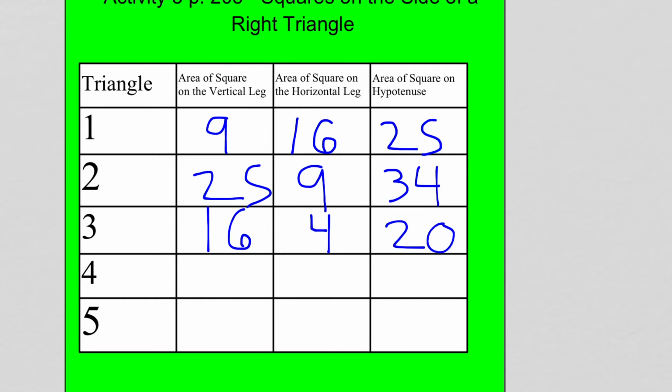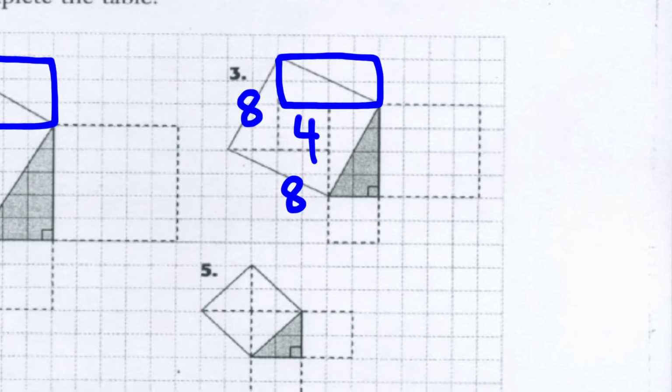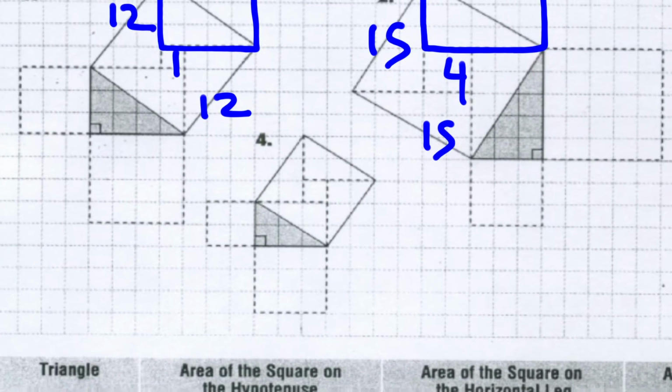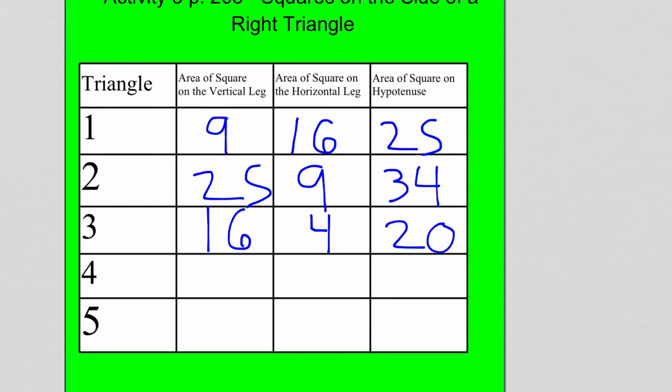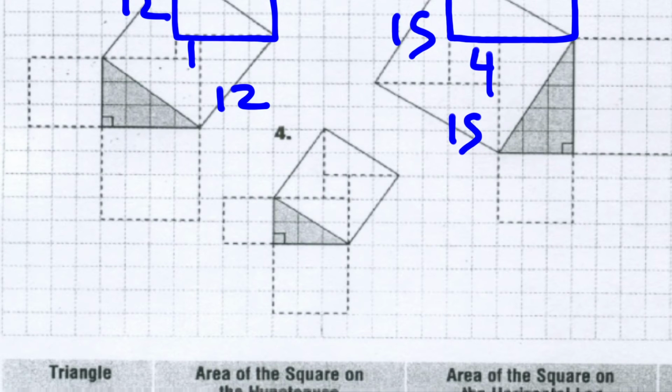There's a really famous pattern there. Let's look at the last two triangles. Number 4. So area of square on vertical leg is 4. Area of square on horizontal leg right here is 9.